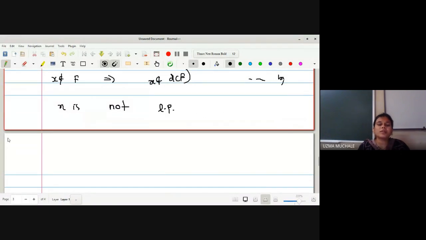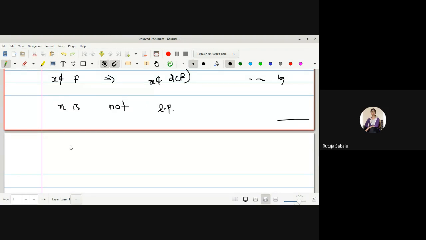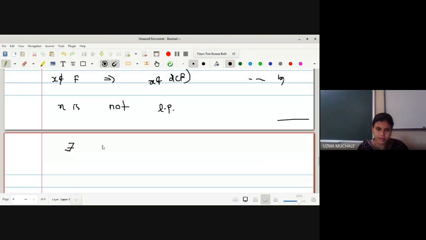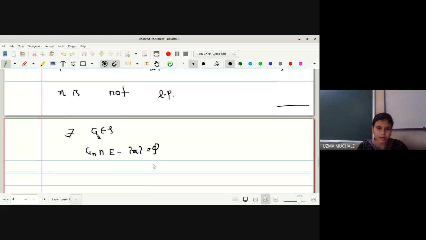If X is not a limit point, you have to use the definition of not a limit point. What is the definition of not a limit point? There exists an open set Gx containing X such that Gx intersection E minus singleton X is equal to the empty set. Right?